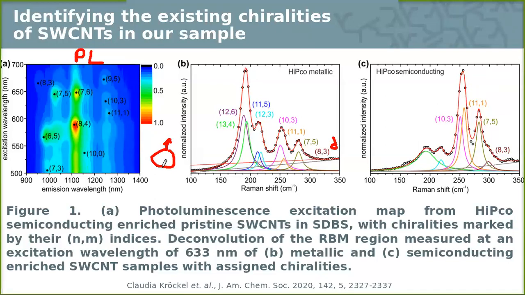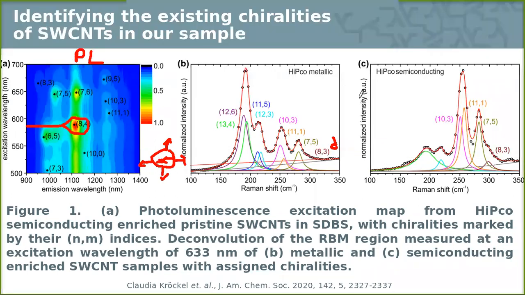So we have this RBM. I will try to make a nice drawing here, where they go outwards and inwards, and this vibration is much enhanced when we are at the specific excitation wavelength for each carbon nanotube.